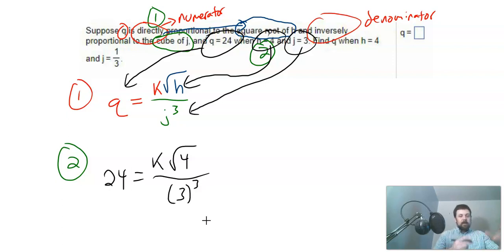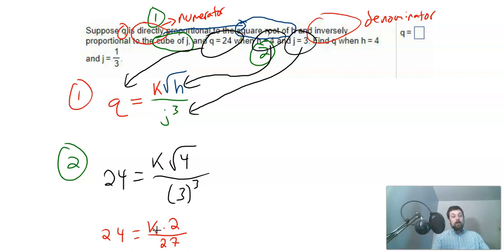And so again, the arithmetic's a little bit tricky here. Not that these numbers they give us were difficult, but they're being placed in a difficult situation. So first I would start with simplifying the square root and the cube. And so we're going to get 24 equals k times the square root of 4 is 2, and 3 to the third power is 27.